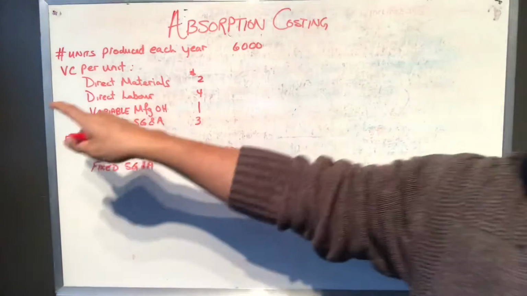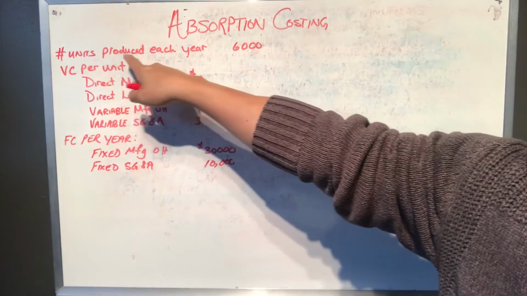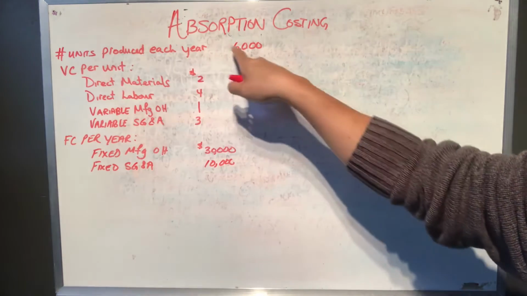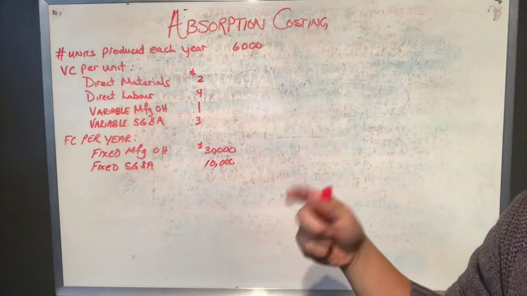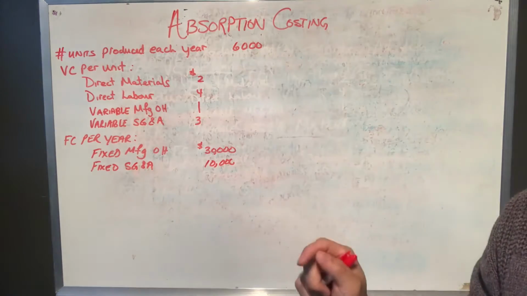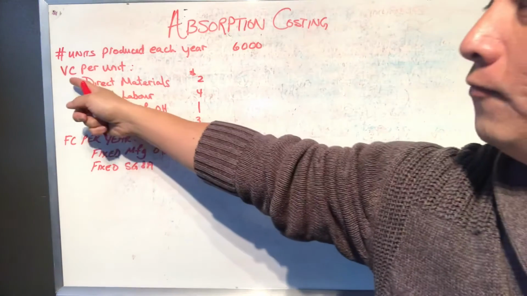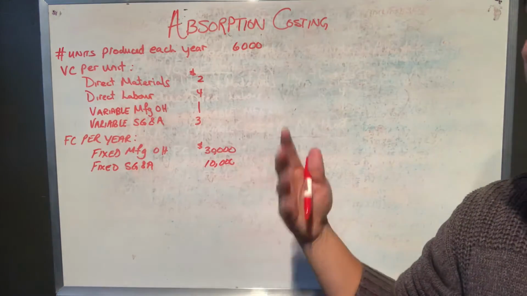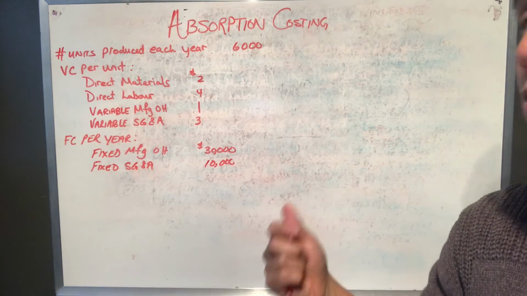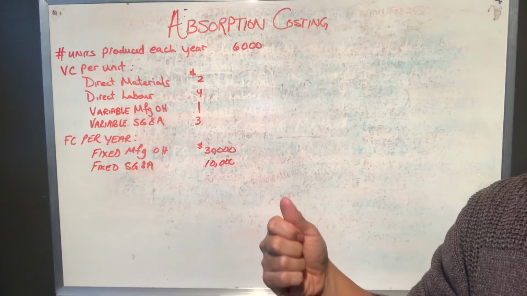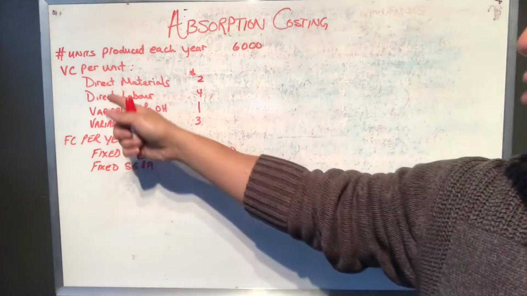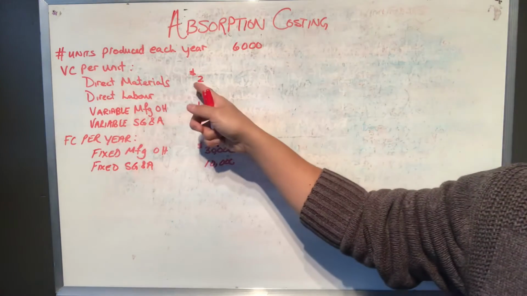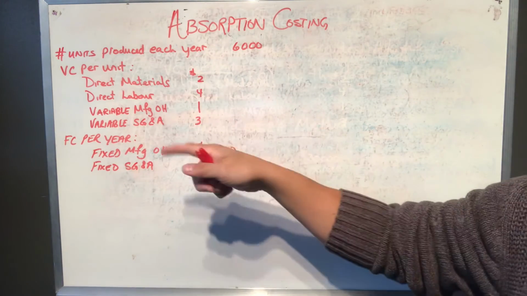So if we have these facts here, let's say for example, the number of units produced each year for, let's say, ABC company, a manufacturing company, is 6,000 units. Now, variable cost per unit. Variable cost means that the more you produce, the more cost that you incur. So it varies with the number of units produced. Direct materials per unit is $2.